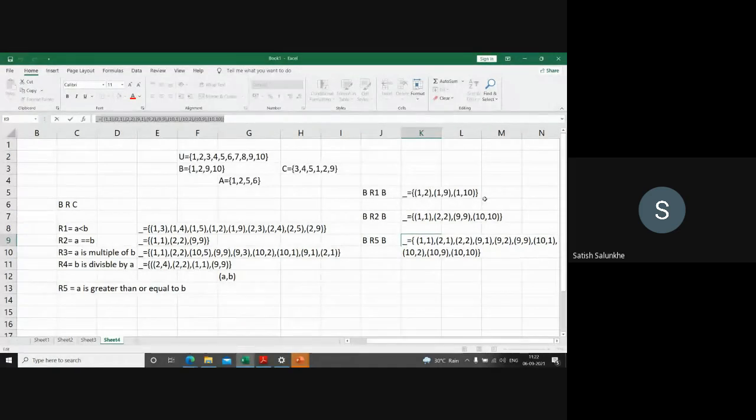If x comma y belongs to R and y comma x belongs to R, x and y both have to be same. If it is not same, it is not antisymmetric. So let me know whether R1 is antisymmetric or not. Come on, try quickly. If there is an error, I will rectify. Don't worry.